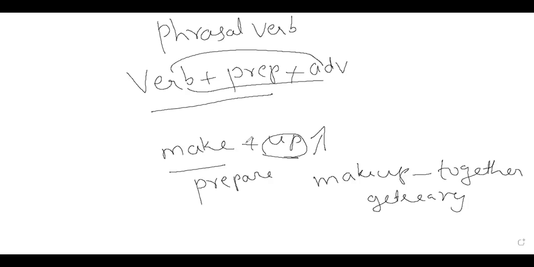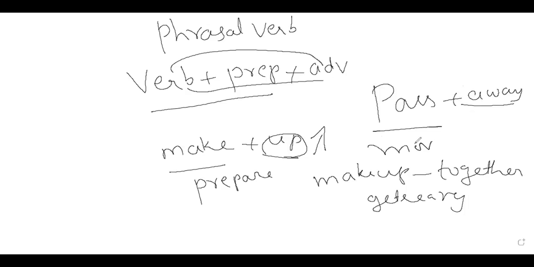Another word let me take: pass plus away. Away is a preposition that gives a direction, something not from the location or place we are referring to where we are. It's something at a distance, whereas pass is something move. If you look at the individual meaning, it gives move distance.